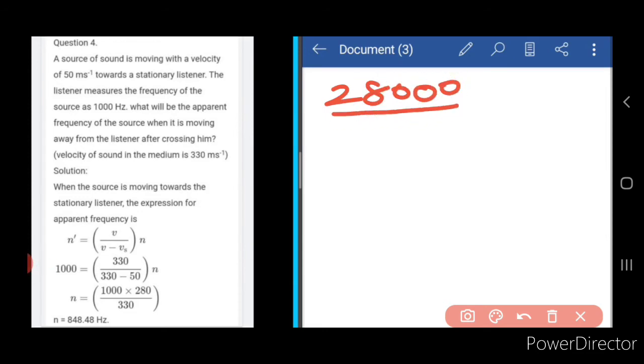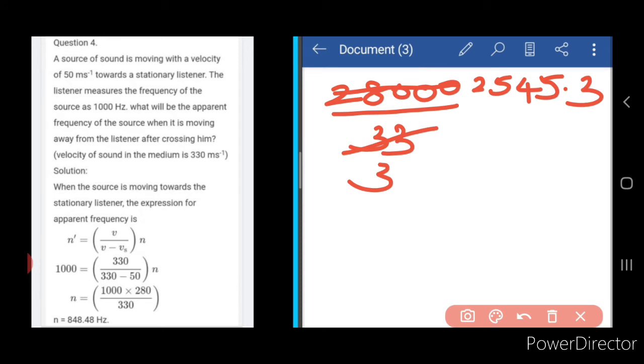So we are getting 28000 divided by 33. I'll cancel with the 11 table. This will go 3 times and this will be 2545.3. Now again when we cancel it by the 3 table, this will become 848.48.